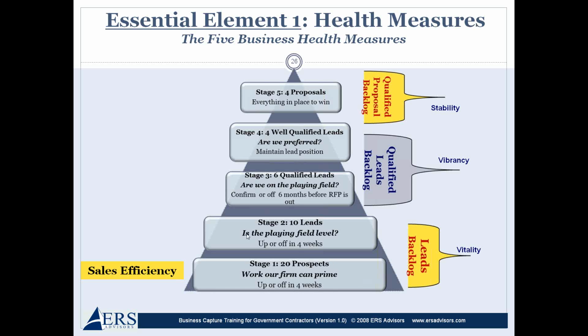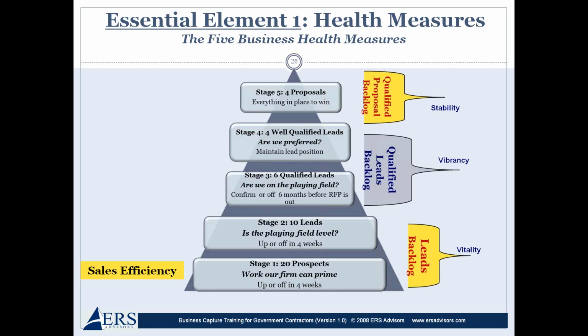If you never bid from stage 1, never bid from stage 2, only bid from stage 3, where you know that you're competitive, you're on the playing field, or maybe in stage 4 where the client prefers you and you've spent your positioning time tilting that playing field, your win rate has to go up. And we experienced explosive growth in each of the large companies that I was in, primarily because we never bid from stage 1 and 2.